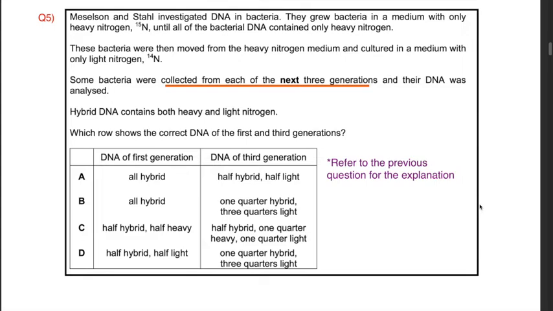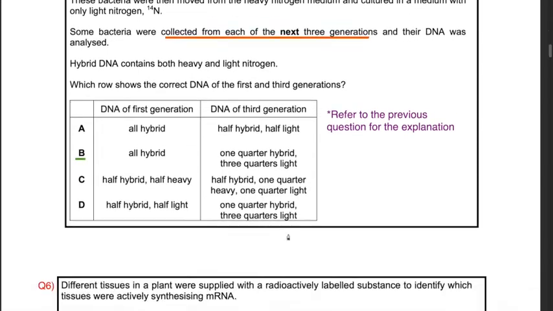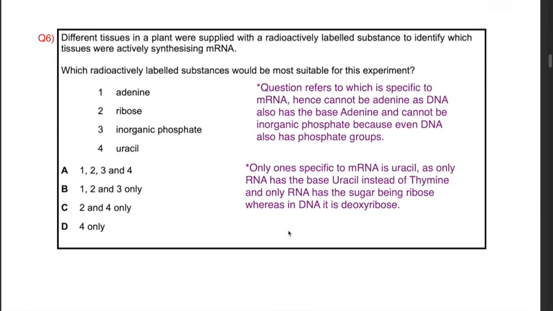Therefore the answer is either A or B. And the DNA of the third generation was also asked in the previous question, and as we found out there, it will be 3/4 light, that is 75%, and 1/4 hybrid, that is 25%. Hence the answer is B. Do refer to the above diagram if you want to go through this again.